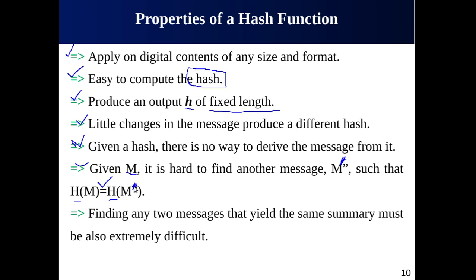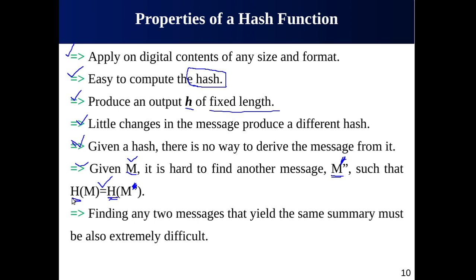This property is very important. It says that you have an input message which is given, that is M, and you are trying to find another message, for example M dash, that will create the same message digest or the same hash value.